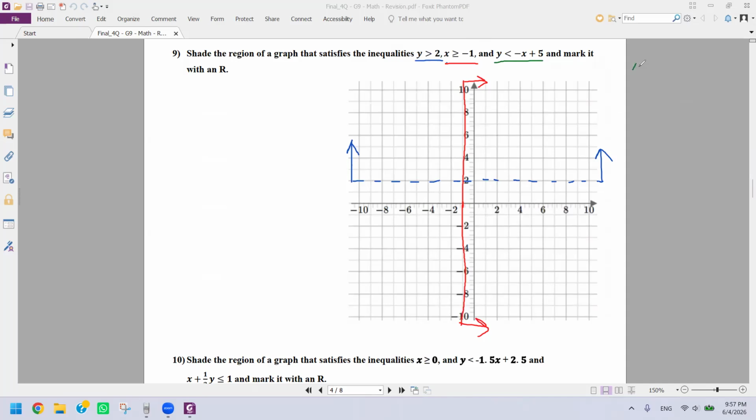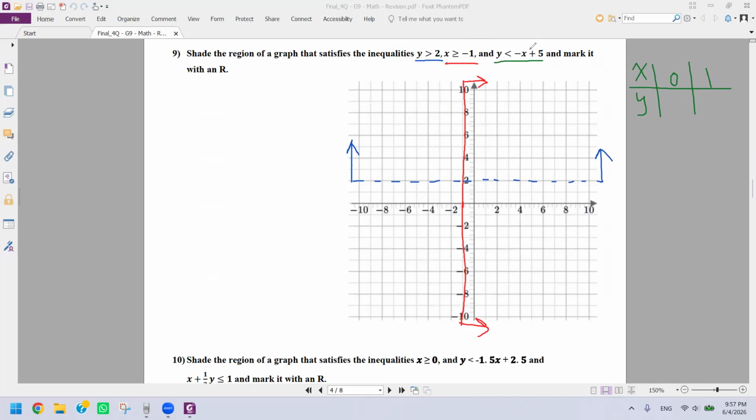We make an XY table. 2 points will be enough. Just consider this sign here is equal, not less, okay? Then it says y equals minus x plus 5. So now give any values for x from your mind. Let's get, for example, 0, okay, and 1.